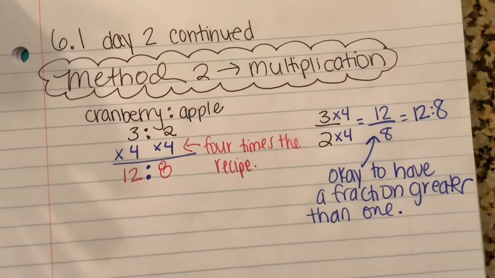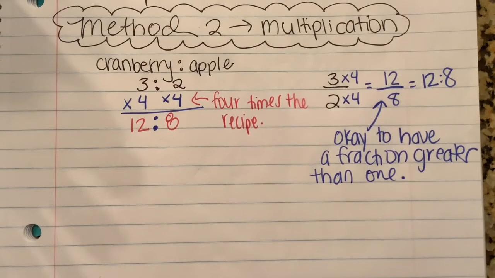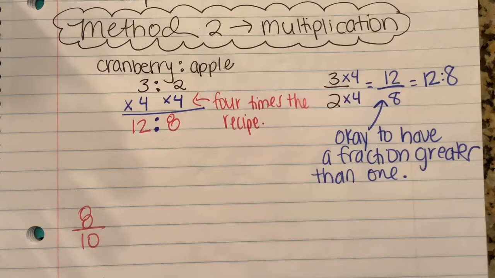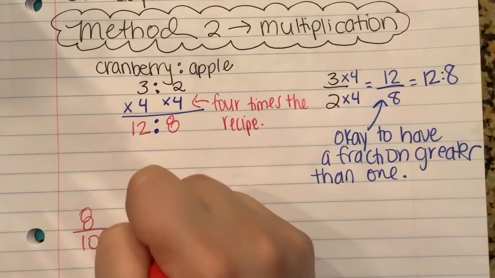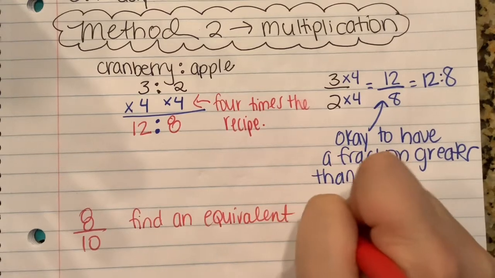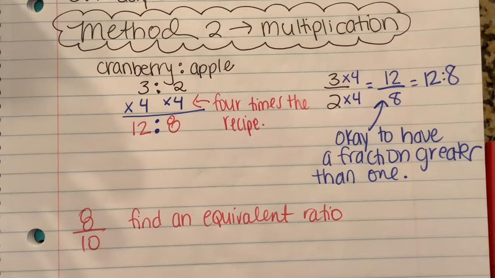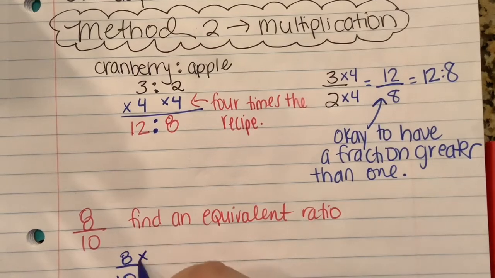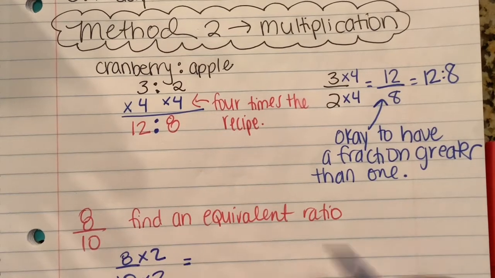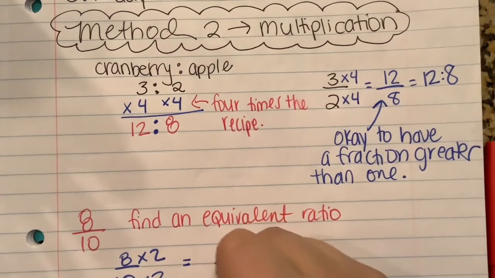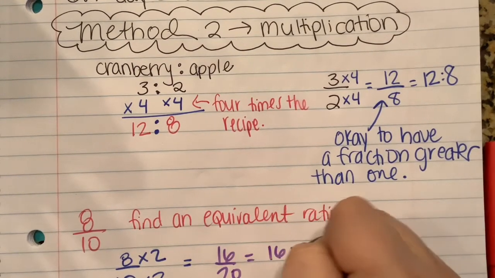Let's look at another way to find equivalent ratios using multiplication. This time we're going to find an equivalent ratio for the fraction 8 over 10. Okay, so this time we have our fraction 8 over 10. We can take that and we can do it in fraction form where we go 8 over 10, multiply our numerator times 2, multiply our denominator times 2. 8 times 2 is 16, 10 times 2 is 20, giving us the ratio 16 to 20.